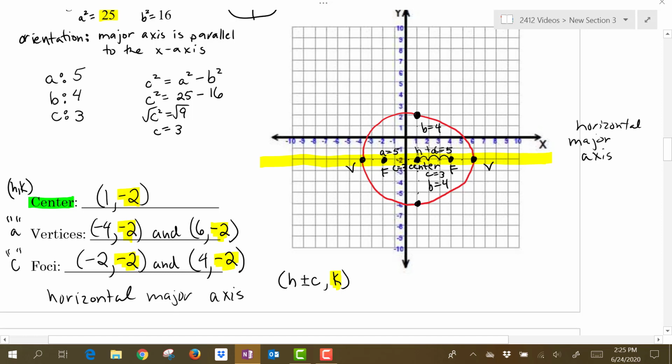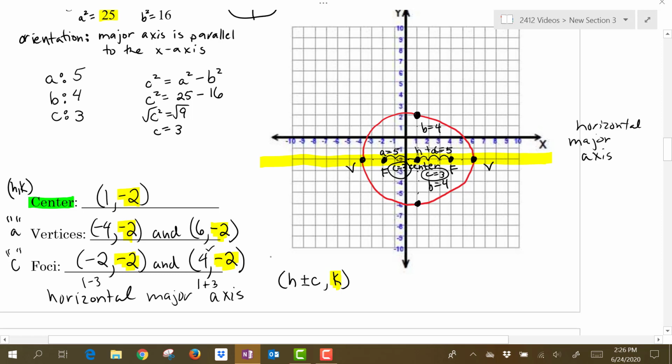That's 1 plus 3, which gives us 4. So that's where that point comes from. That's the 1 plus the 3. It's the h plus the c. To get the -2, we started back at 1 at that h value, but we went to the left 3 units. So that's like subtracting the c value of 3. What is 1 minus 3? Well, that gives us the -2.